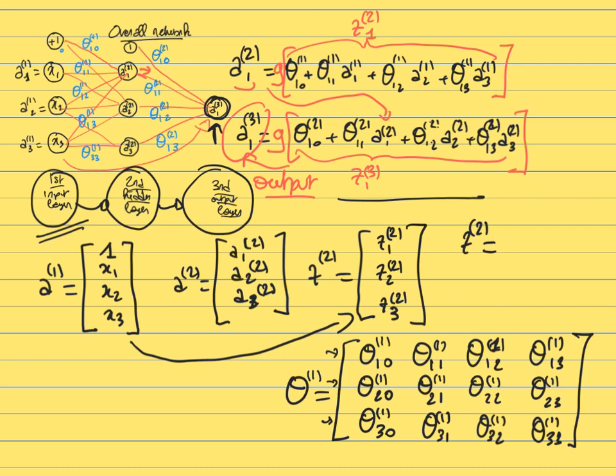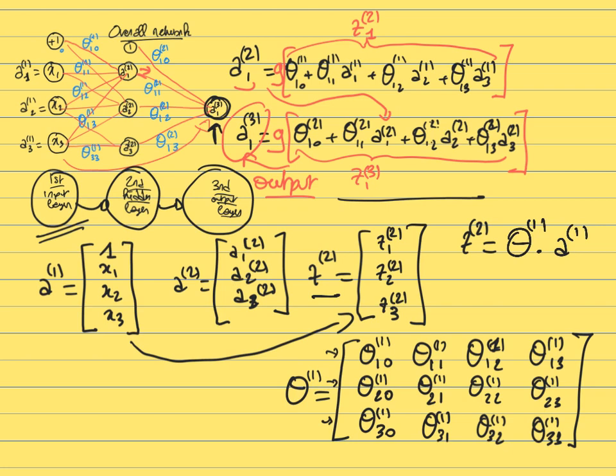So now just by writing this as a vector product, you can say that you take the matrix theta 1, you multiply it by the vector a1, and that gives you directly the variable z2. Now you have transformed the values of the neurons in the first layer into the variable z in the second layer.